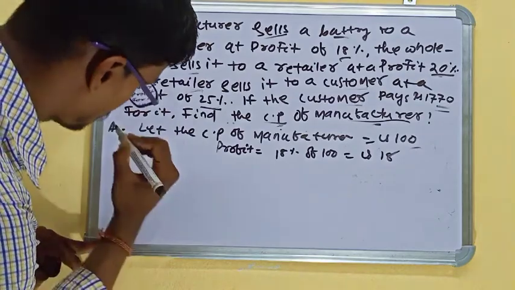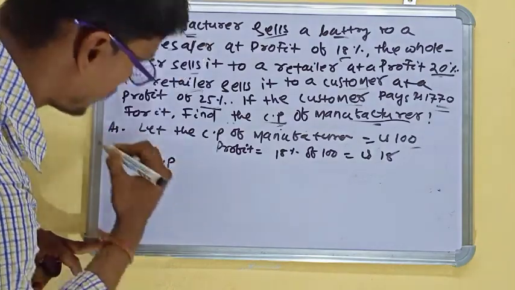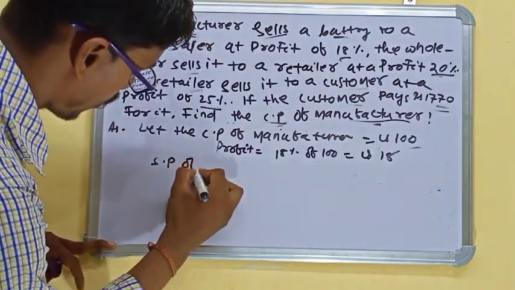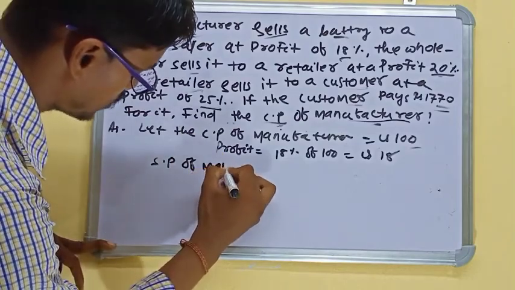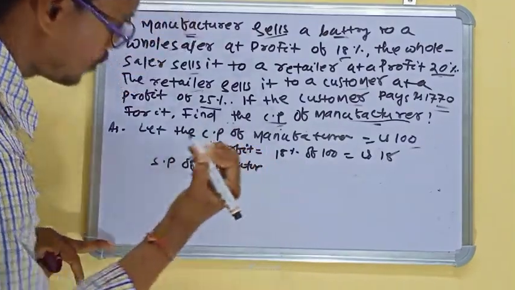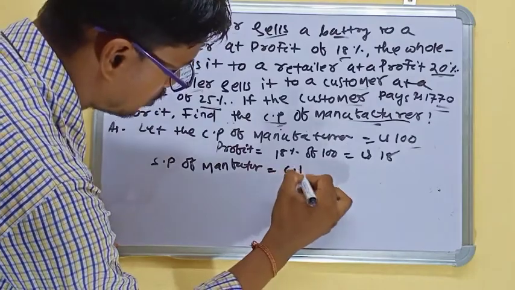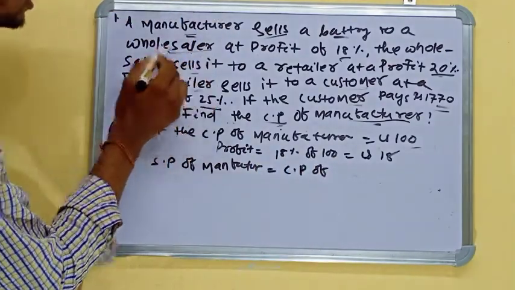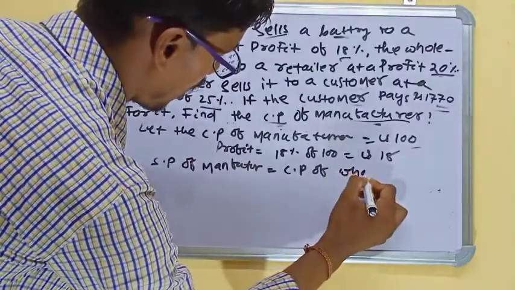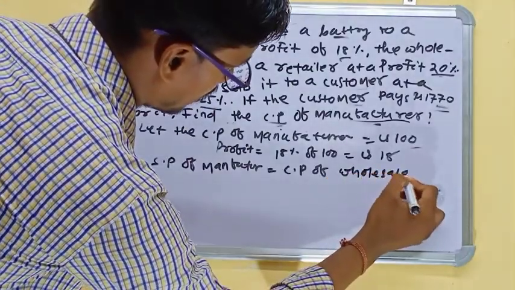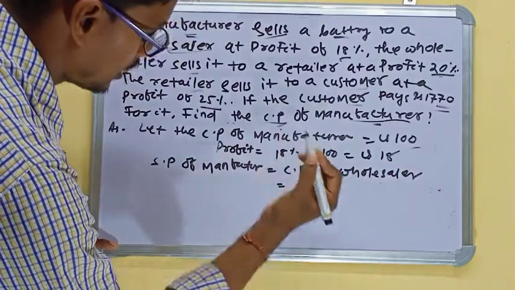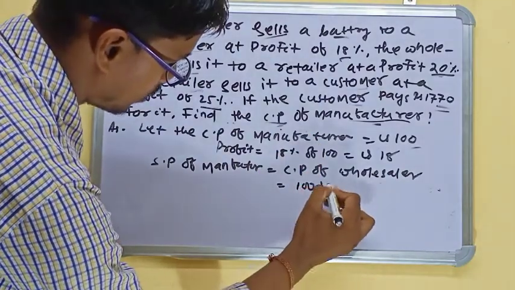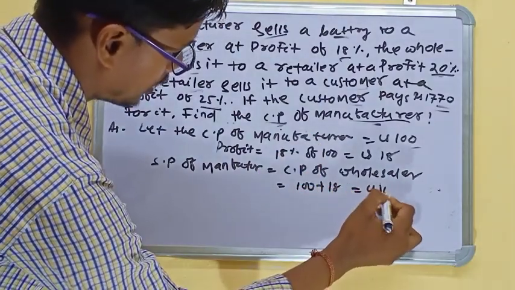Then the SP of the manufacturer is equal to the CP of the wholesaler, which is 100 plus 18, equal to 118.